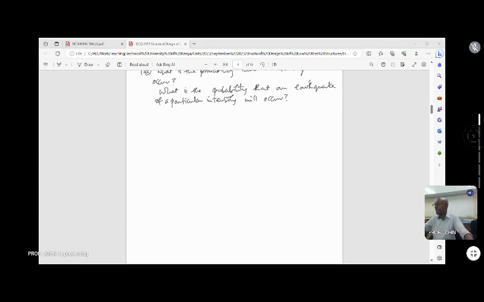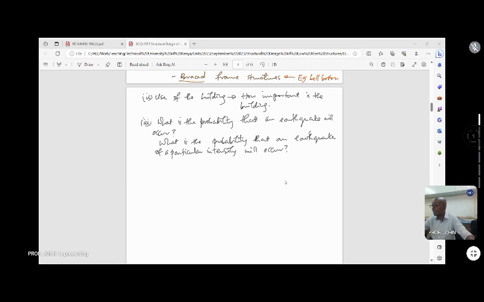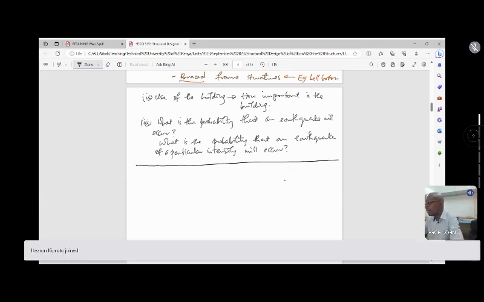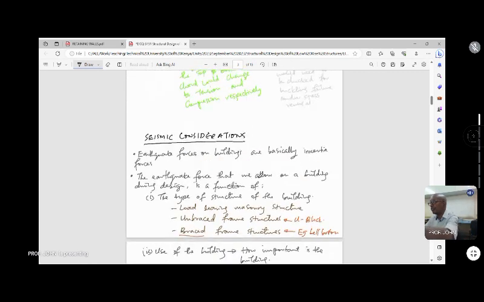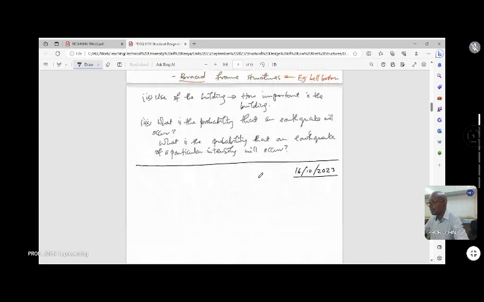I had underestimated the size of this calculation, so I'll put a line here. I'll put today's date, 16 of 10, 2023. This is our document. We had used it to start off these discussions earlier.